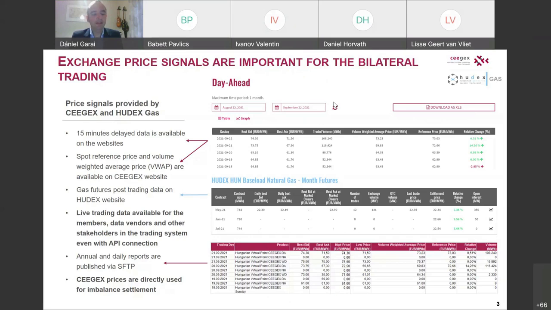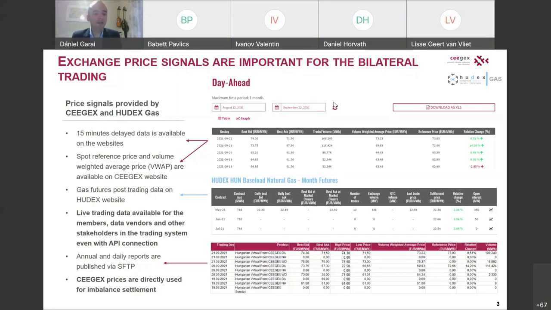There is another level of price signals, which is the live trading data available for members and data vendors, but also for members who have read-only access. And the trading system is also available through an API connection. There is a third level of data, which is part of the data vendor package.